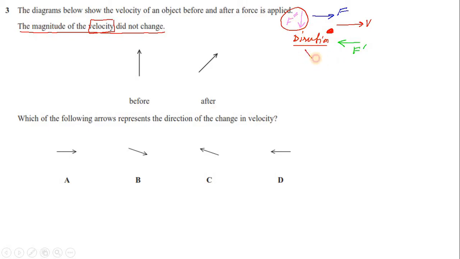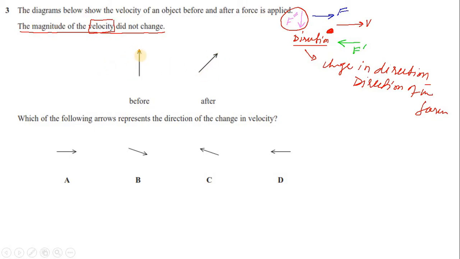So change in velocity, in terms of direction. So change in direction will give us the direction of the force. So if you see what is happening, before, the object was moving vertically up, now after force has been applied, the object is moving in that direction.